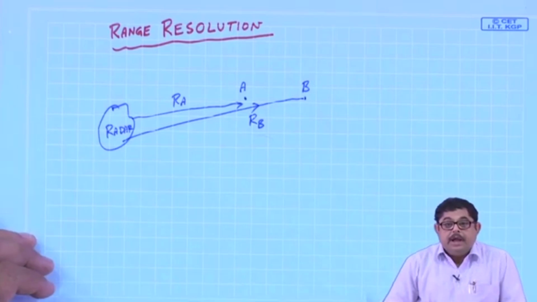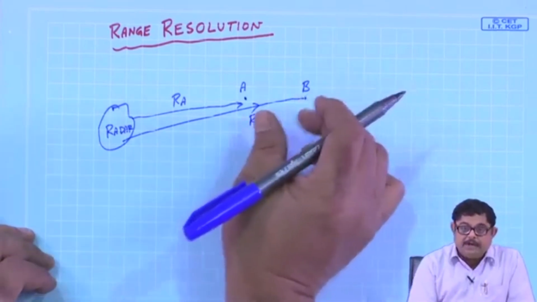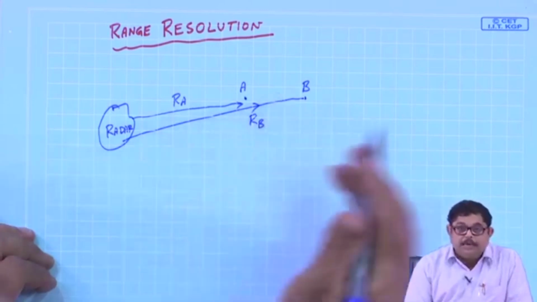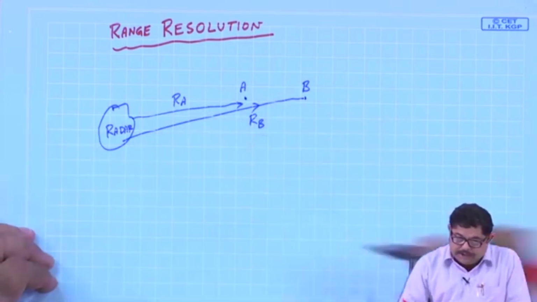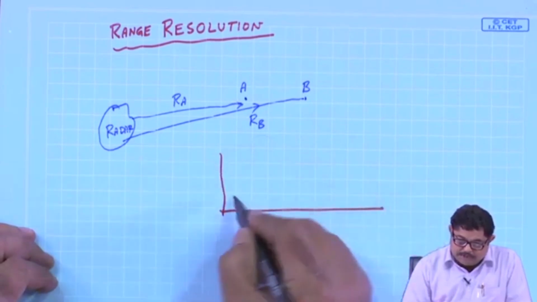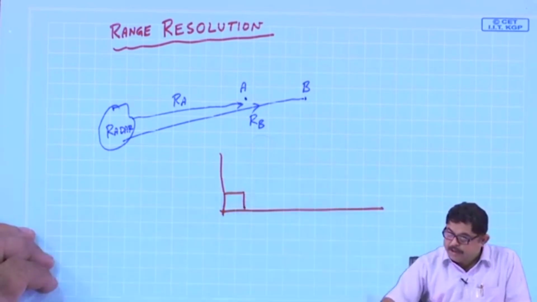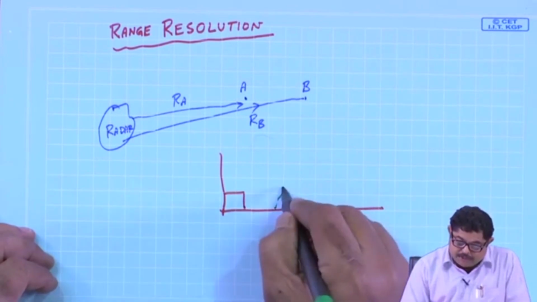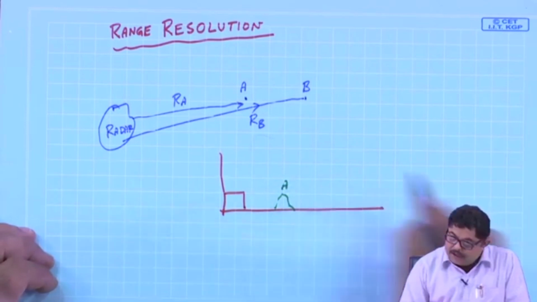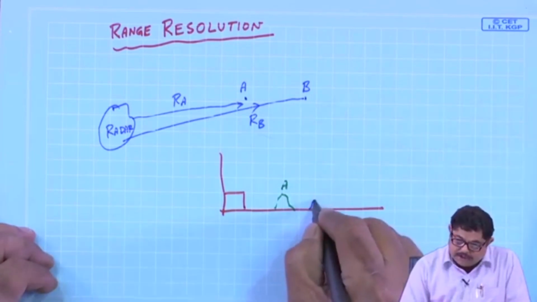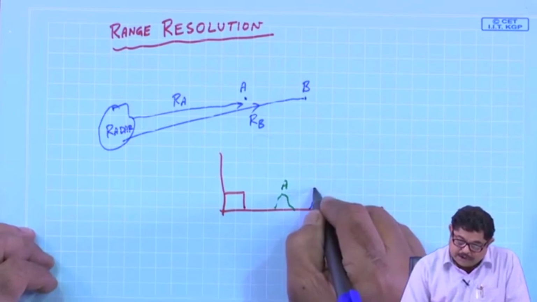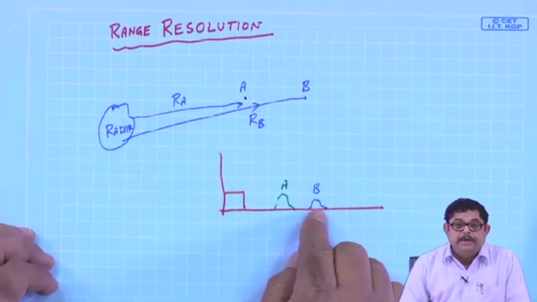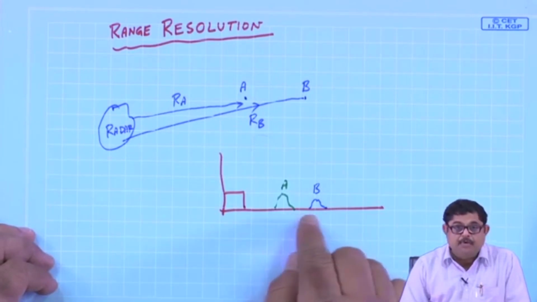Okay. Now, let us say that I am reducing this distance. So, let us see in the time domain what is happening. Suppose this is my transmitted pulse, and let us say that this is my echo from A, and let us say this is my echo from B. Now, if I reduce this echo of B, that will come closer.